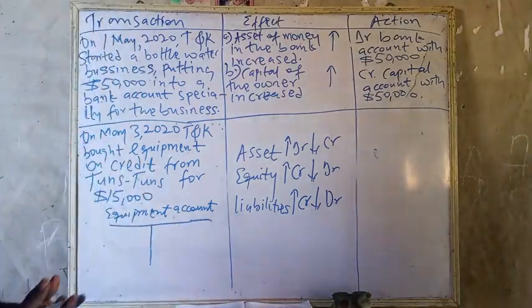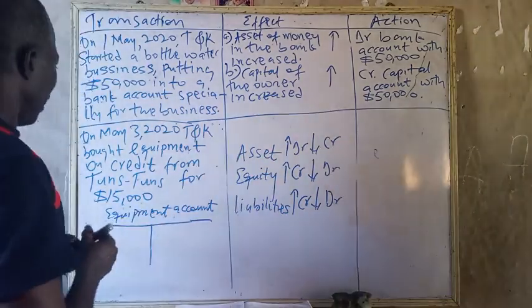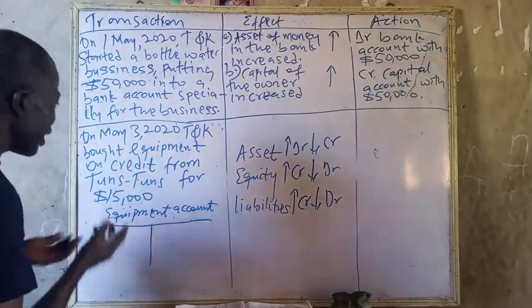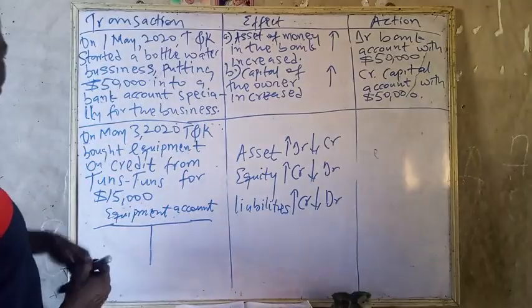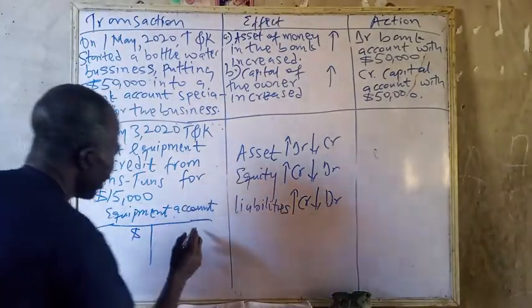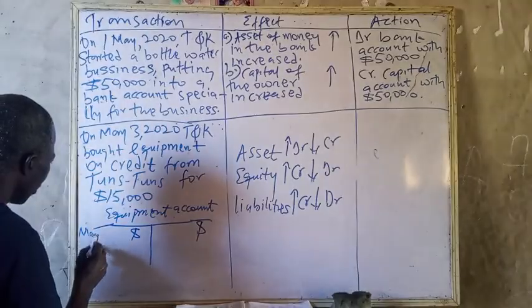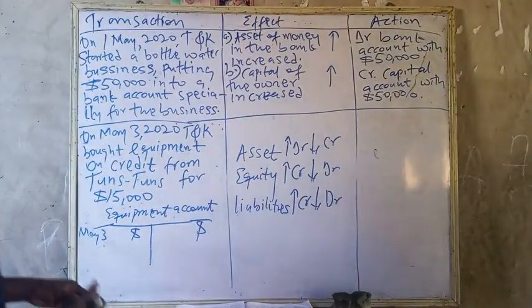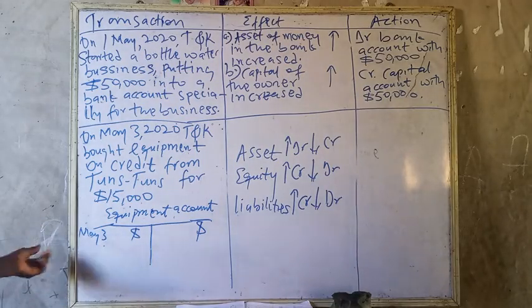And for clarity's sake, let's assume that yesterday there was no money here, but on 3rd of May, we put the date here, then the dollar sign, May 3rd, 2020. Let's say yesterday being May 2nd, 2020.